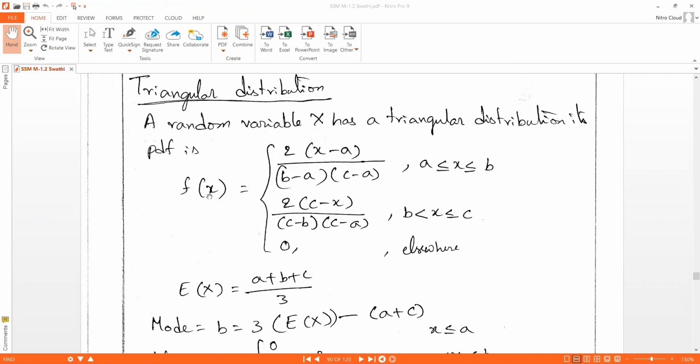Okay, f of x will be 2 into c minus x divided by c minus b into c minus a, when x lies between b less than x less than or equal to c. Okay, otherwise f of x will be 0.